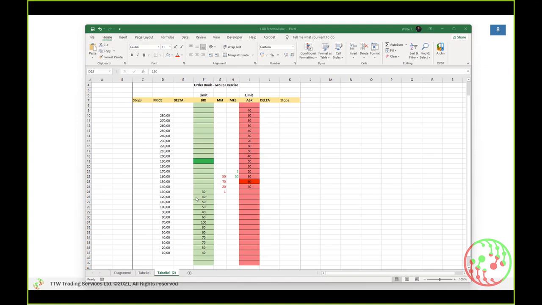If we find support here, for example, he is selling, he sells 30, then you will see a refreshing maybe here to 40. Then he needs 10 more. Then you will see a refreshing to 60. Then he needs, again, 20 more, and so on. That's a really standardized mechanism.